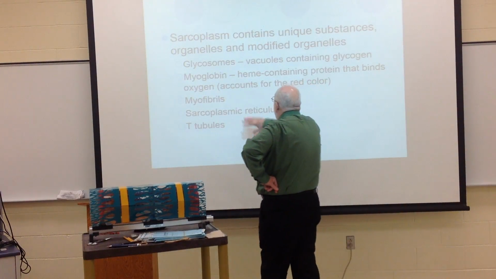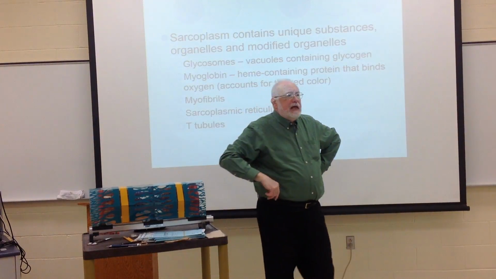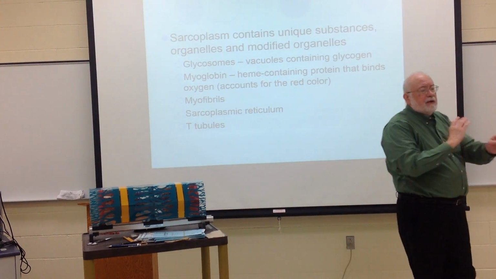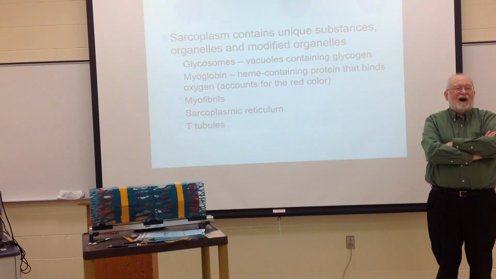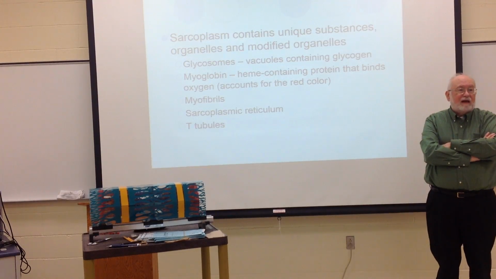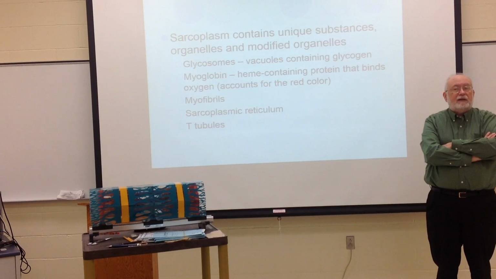Myoglobin. Myoglobin is a heme-containing protein, very similar to hemoglobin. What does hemoglobin do for us? Bind oxygen, right? Bind and release oxygen. Well, what does myoglobin do? Exactly the same thing. Binds and releases oxygen. The only difference is, of course, where do you find it?